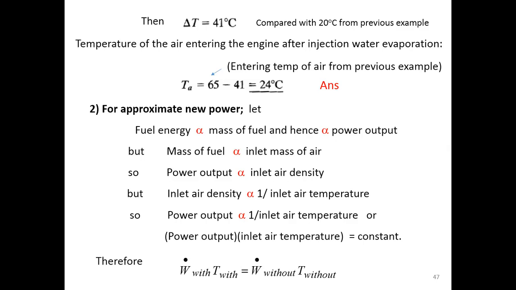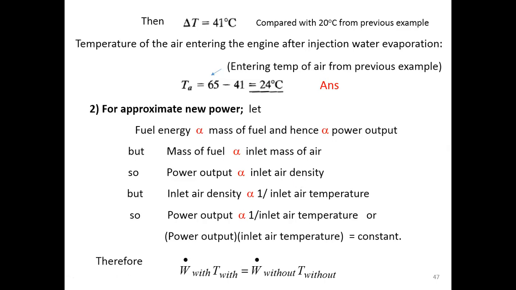It varies with the power output, right? But the mass of the fuel varies with the inlet mass of the air because of the air-fuel ratio, right? And that means what? That means power output, which depends on the mass of the fuel, varies with the inlet mass of the air, which depends on the inlet air density.